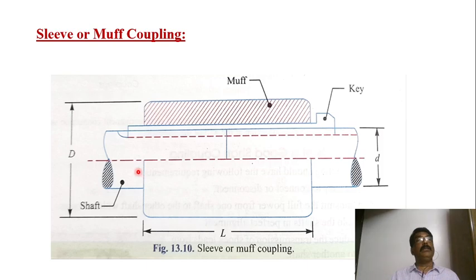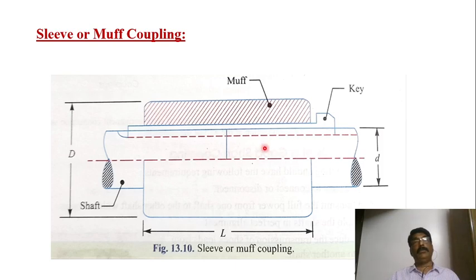Now coming to the sleeve or muff coupling, it is the simplest type of rigid coupling. That means the two shafts to be connected are in perfect alignment. It consists of a cast iron muff having a keyway throughout its length, and the inside diameter of the muff is equal to the shaft diameter.